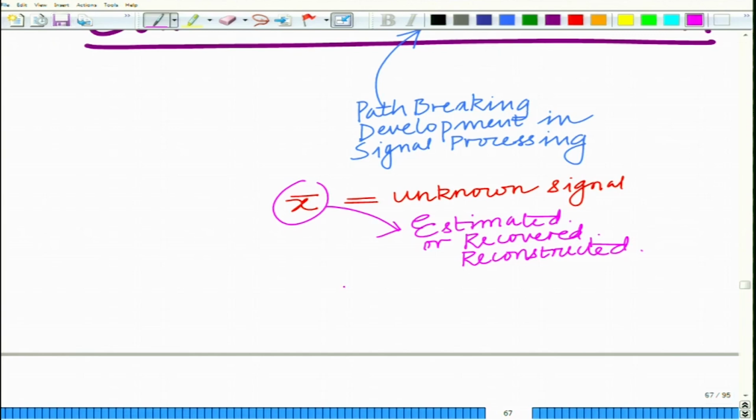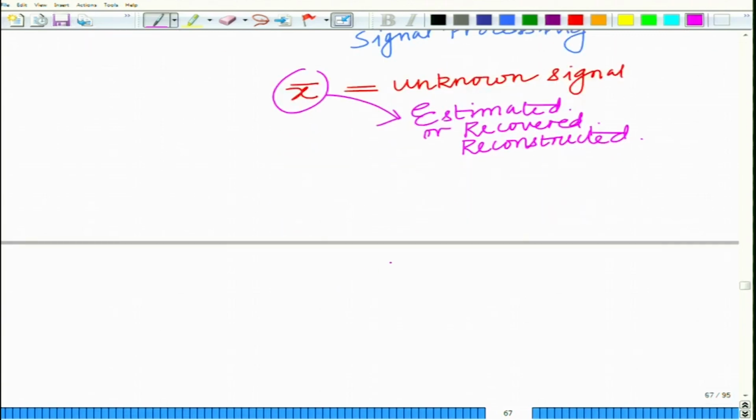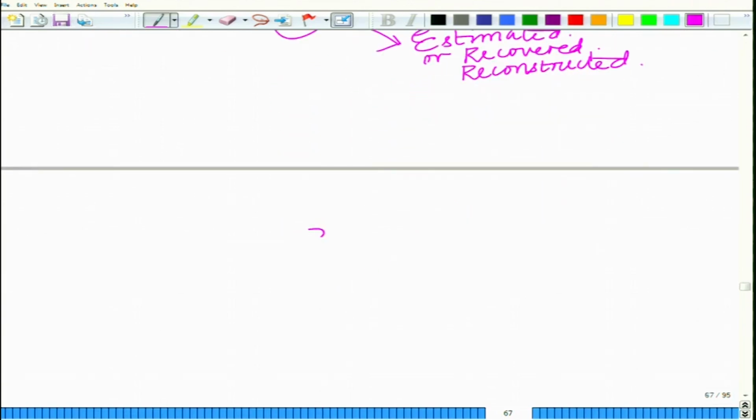Let us say this x bar is an n dimensional signal vector, which is x1, x2 up to xn.